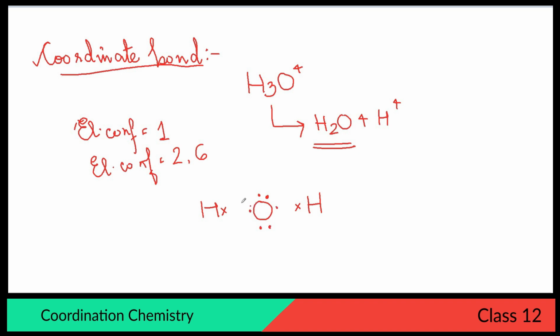Now, oxygen shares one of its electrons with this hydrogen and the other with this hydrogen. So, effectively, it forms two single bonds with hydrogen, like that.